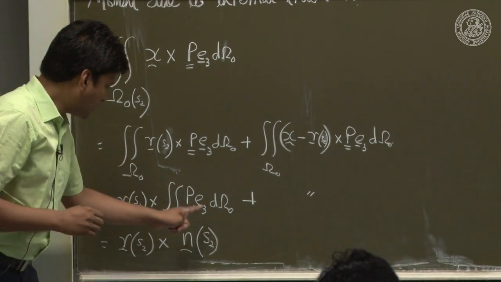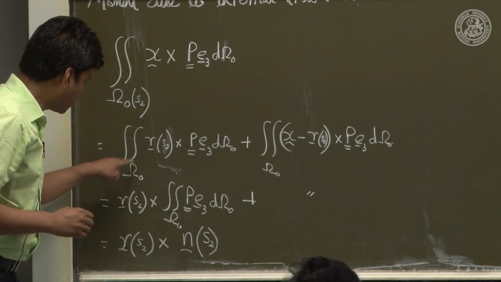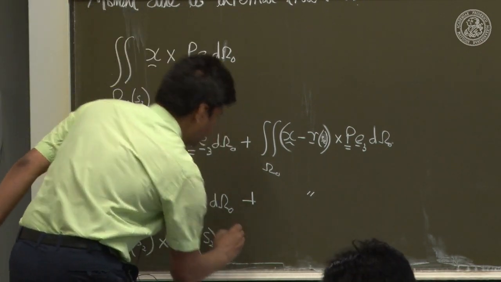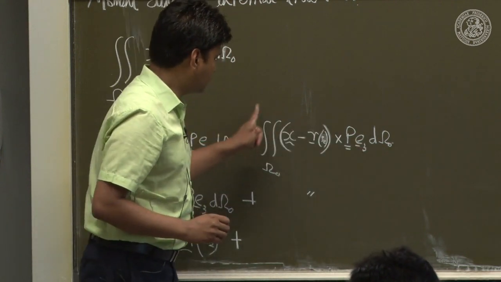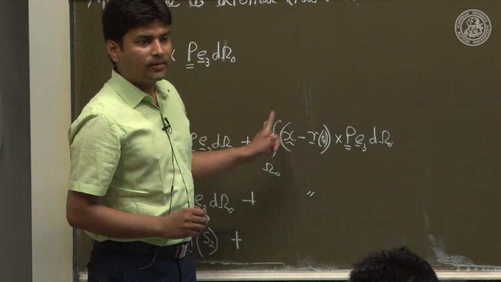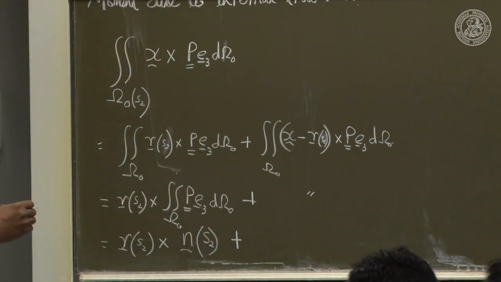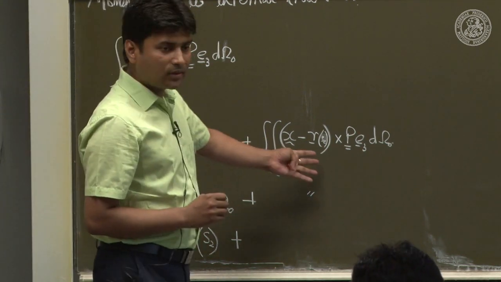Because this is force at S2, because we were integrating on the cross section at S2, plus, now you see what is this equal to? Can you guess what is this?